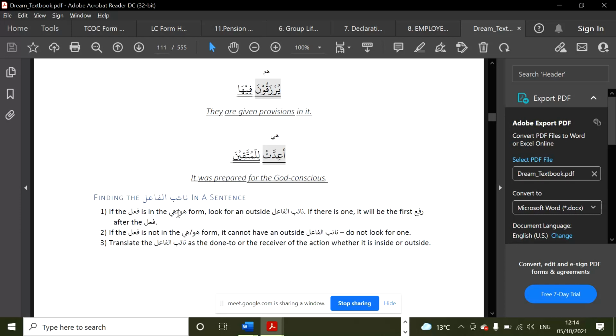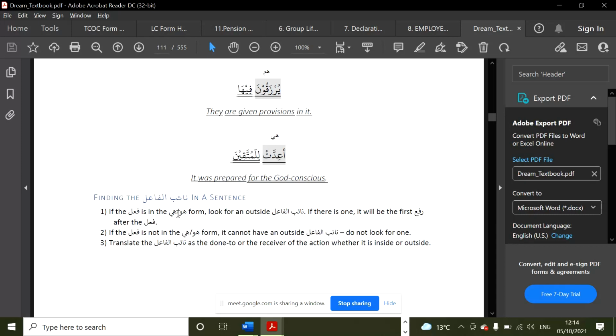So we have a u-a sound, and the qaf has a dhamma. Was it originally just a dhamma? Why didn't we change it? Because you just leave the last letter as it was. Very good. The last letter in this case is qaf, not noon, so that's why we didn't change it.